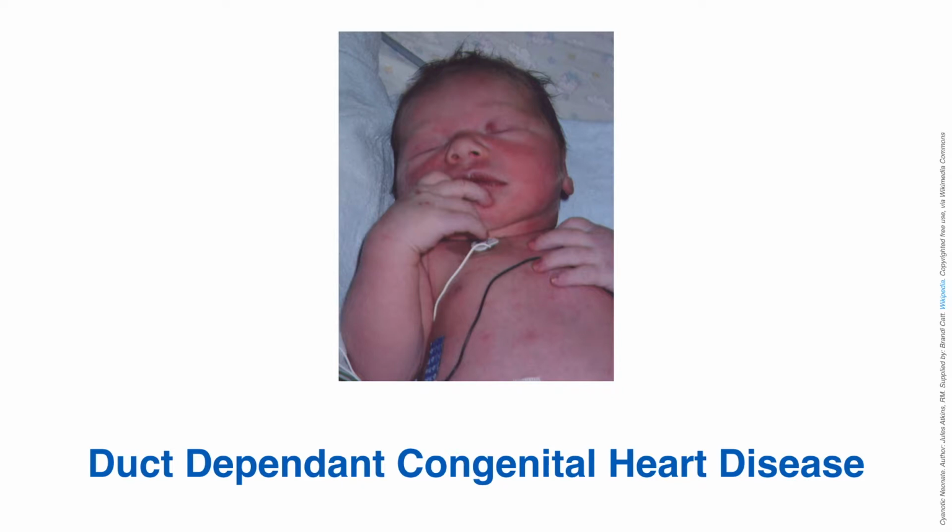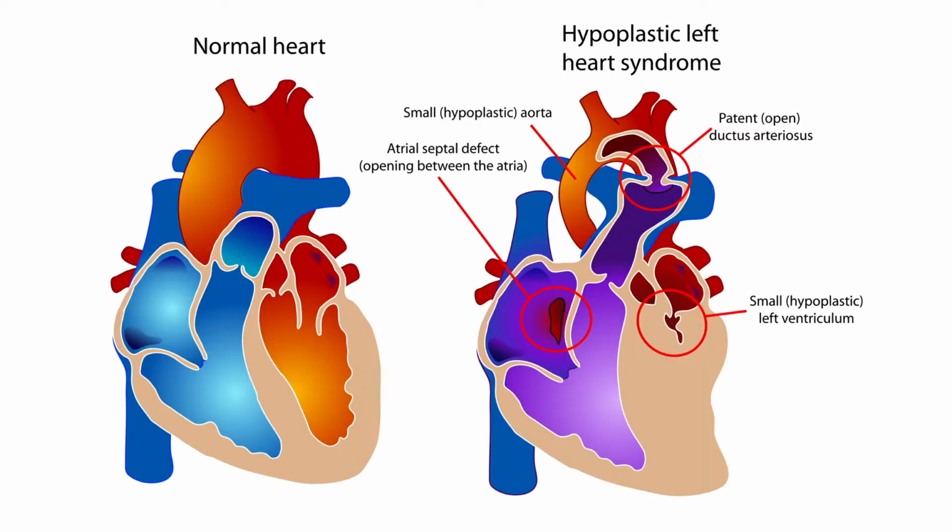So if you give them 100% oxygen, as you would for any sick patient as part of pre-oxygenation, you can actually cause the duct to fully close and make the patient deteriorate rather than making them better. So for most babies with duct dependent congenital heart disease, they should be pre-oxygenated in 30 to 40% oxygen at most.